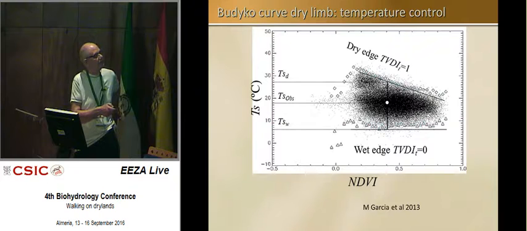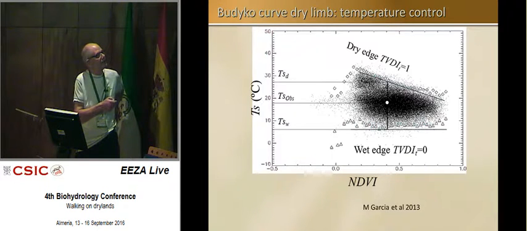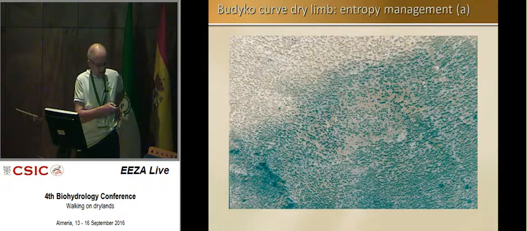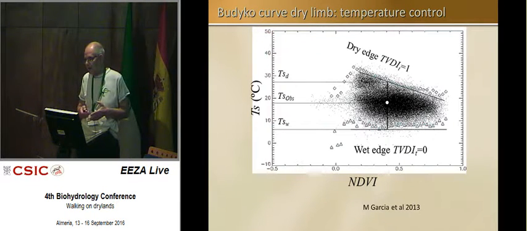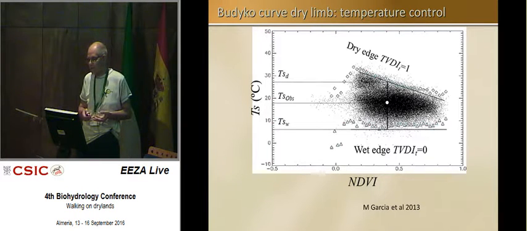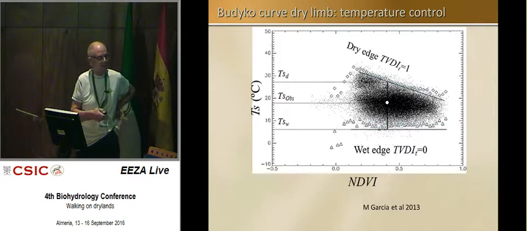This means that when the NDVI is low, there are sites which remain humid because there is water, and sites which have no water and are very hot, with very high temperatures. But as soon as NDVI increases, the span between temperatures decreases. So when there is a lot of vegetation, temperatures tend to converge in very low values. This is what this graph means, which is congruent with this idea that in the dry end of the Budyko curve physical aspects predominate in the forces.